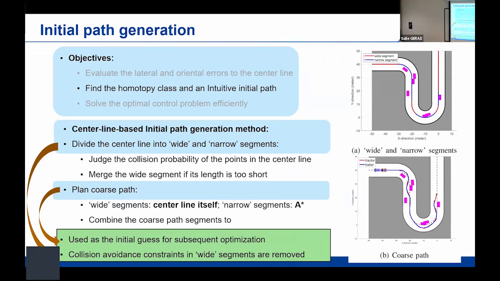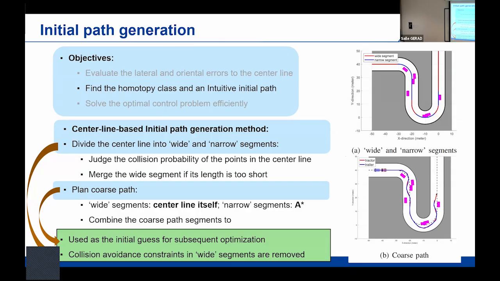So how do we find the homotopy class for an intuitive initial path? These red things are assumed to be obstacles. Our goal is to follow the center line. When the path is wide, we don't put that into the constraints.